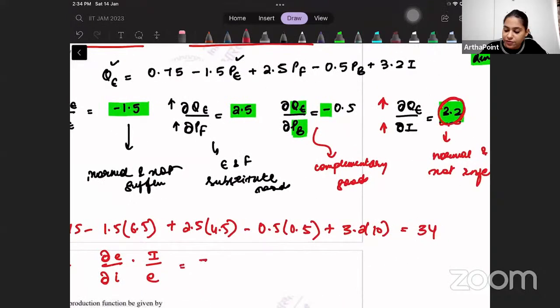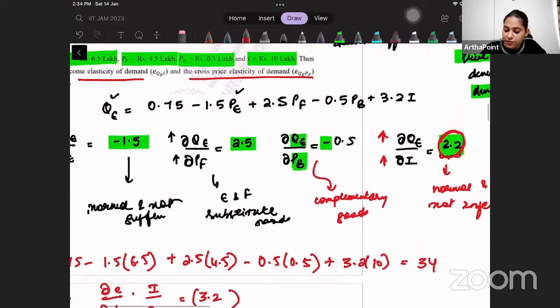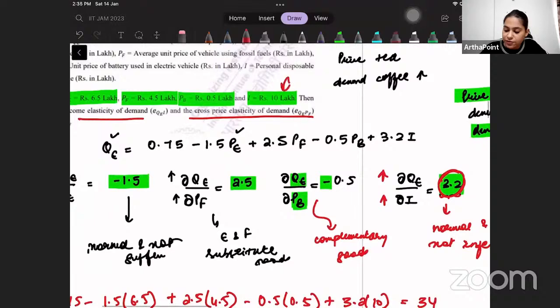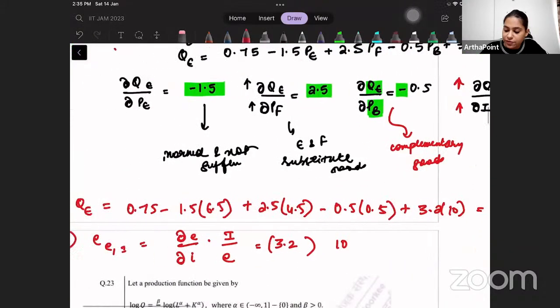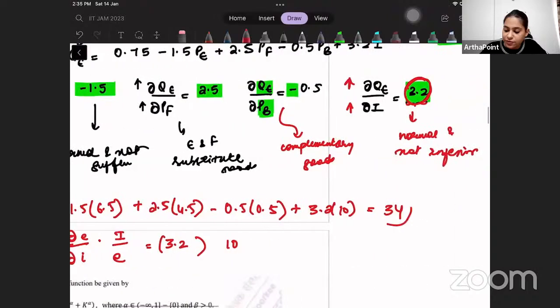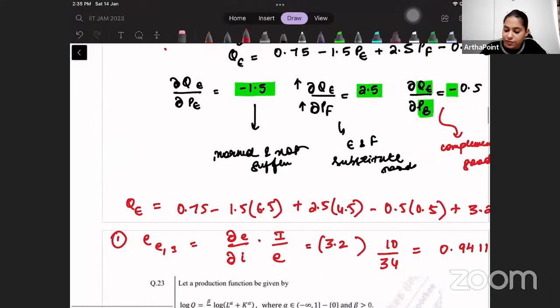This is what we found out. The initial value of income is given to us as 10, and the initial value of E is what we have found out as 34. So if we solve this, we will get the answer as 0.941. Very simple.